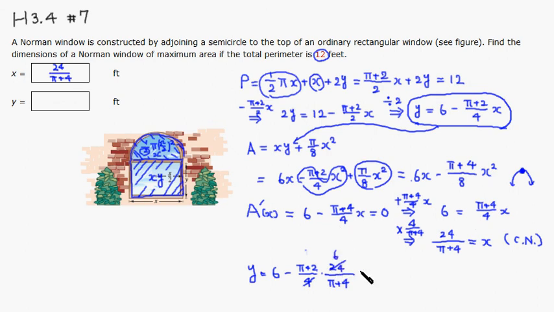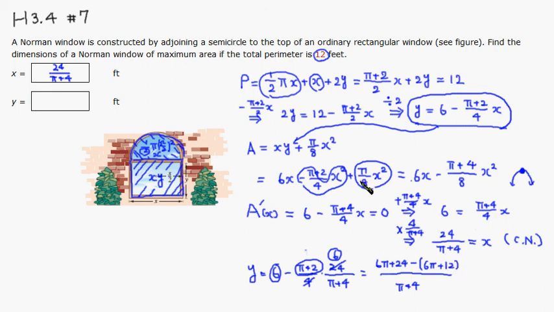So this is going to be equal to, let's see, take the common denominator. So pi plus 4 would be a common denominator. So 6 is the same thing as 6 times (pi plus 4) over (pi plus 4), so (6 pi plus 24) over (pi plus 4) is exactly the same as 6. Then you're subtracting 6 times (pi plus 2), so that's going to be 6 pi plus 2 times 6, so 12.